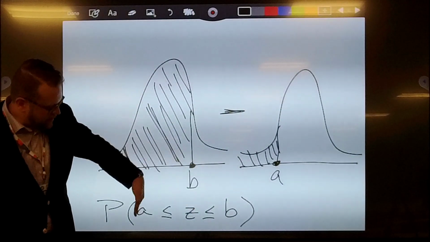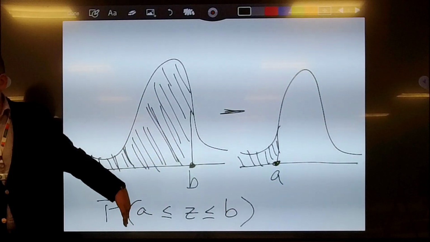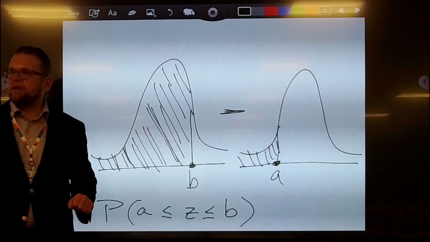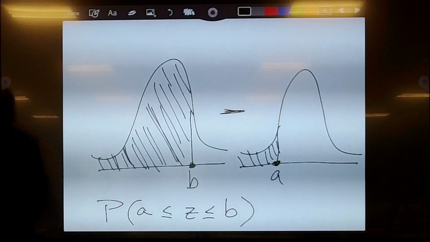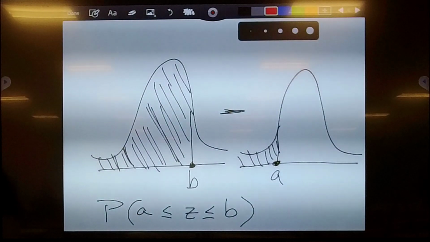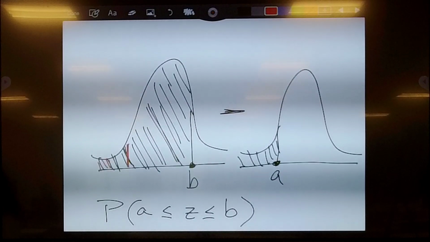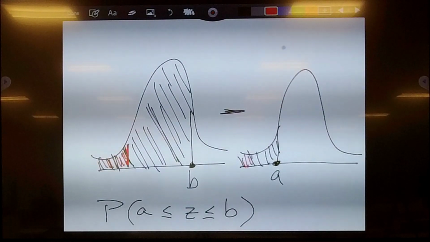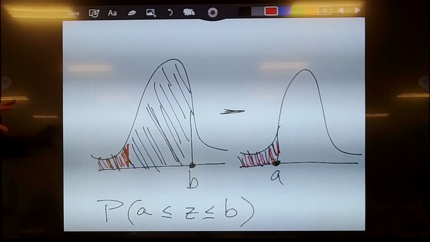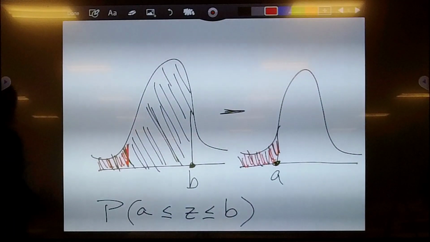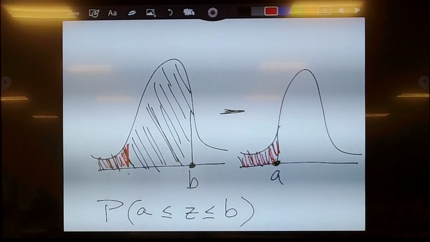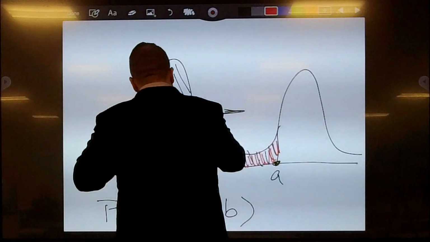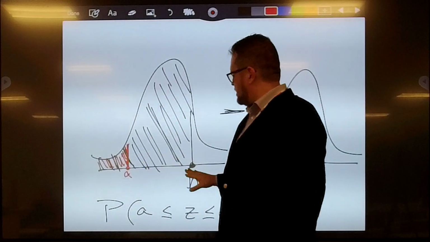The probability that it comes out in between these fixed numbers is an area. If I overlaid the two, there's this red area, I just transferred it over here, so this probability down here is this part that's just between A and B.